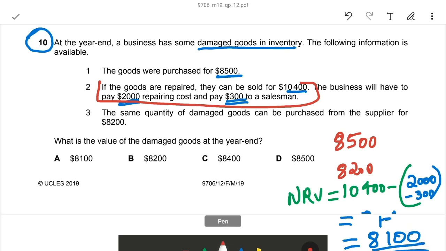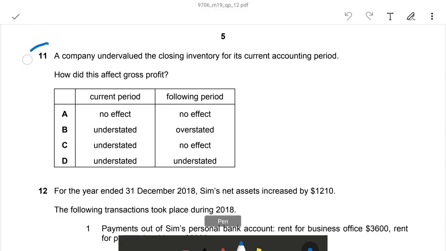So the net realizable value is 8,100, but the costs are more than the net realizable value. Inventory is always valued at the lower, whichever is less. Here the net realizable value is less, so the correct answer is 8,100. Answer A.